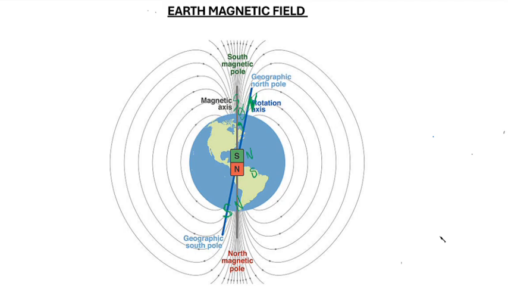Since the needle in the compass is a magnet, the South Pole of that magnet will turn to the North Pole of the magnetic pole, and the North Pole of that needle will turn to the South Pole of the magnetic pole, making it look as if we are facing the geographic North Pole.